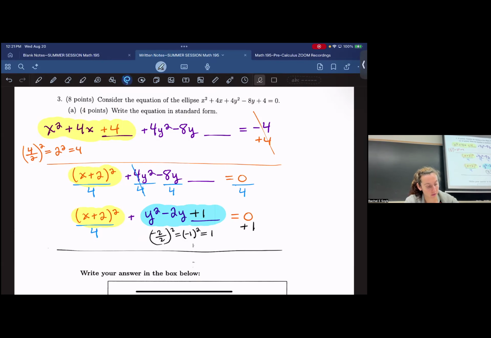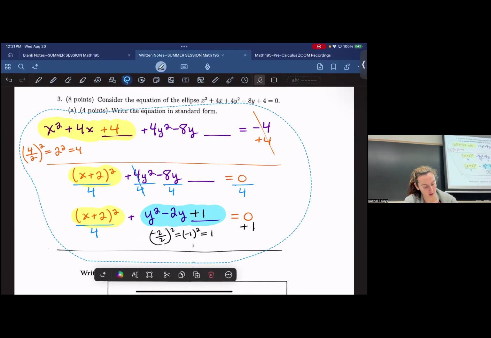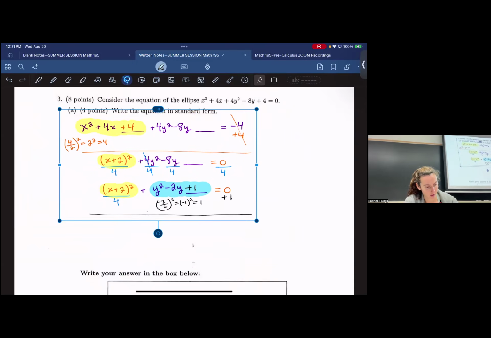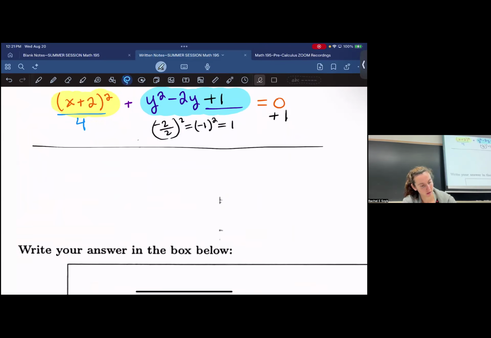And so now we can factor, and I'm going to just shrink everything. When we factor the blue, we end up with just our y minus 1 in parentheses squared.